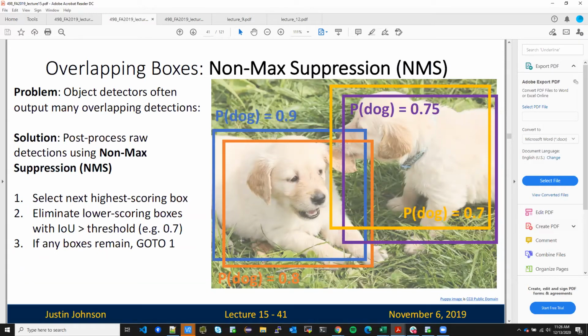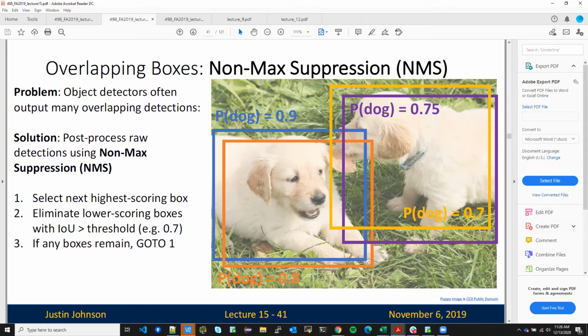It's basically a method to eliminate duplicate overlapping boxes, so that in the end you only have one box remaining per object.